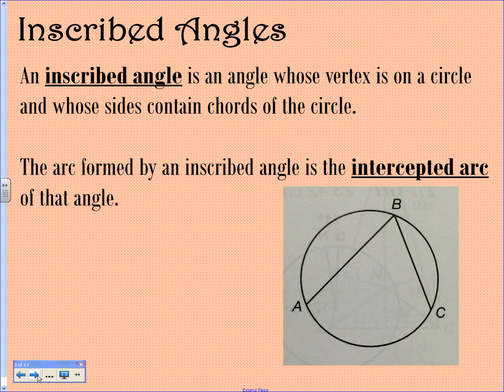The arc that is formed is called the intercepted arc. So what arc would be our intercepted arc? Is it AB, AC, or BC?